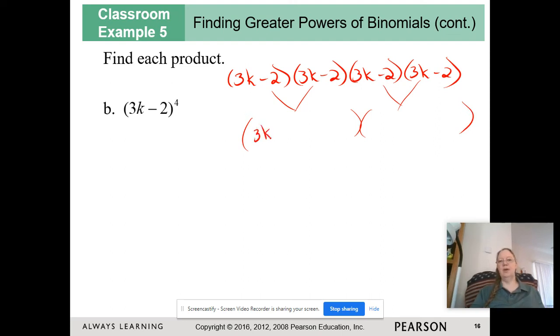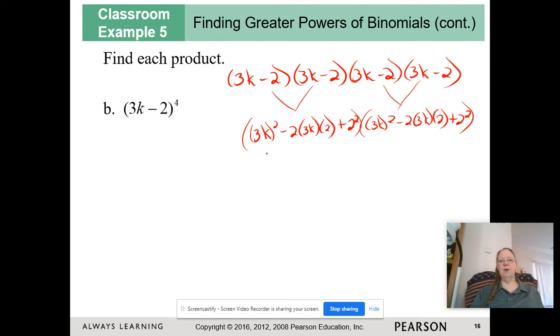So 3k, by the way, you can use the box, plus, and this is going to be the same. So 3k plus 2 squared.